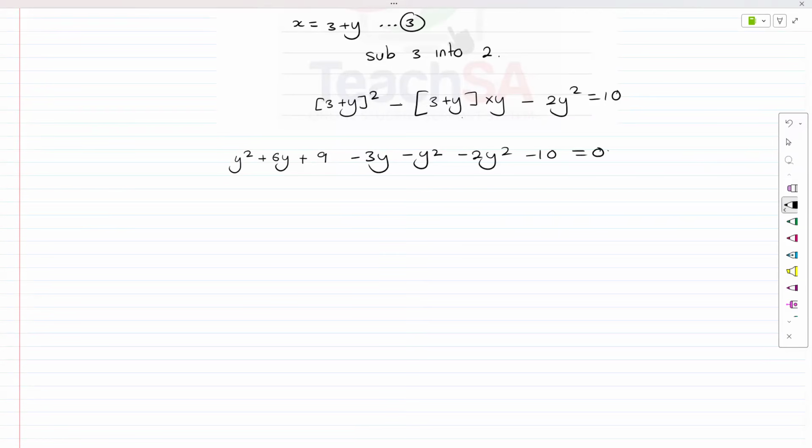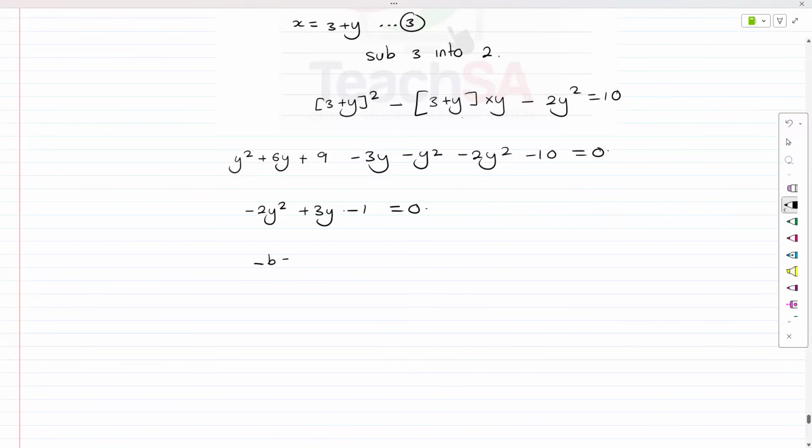When I add all of the like terms, I end up with minus 2y squared, plus 3y, and 9 minus 1. Guys, add all the like terms. Remember, like terms are all the y squareds and all the y's.